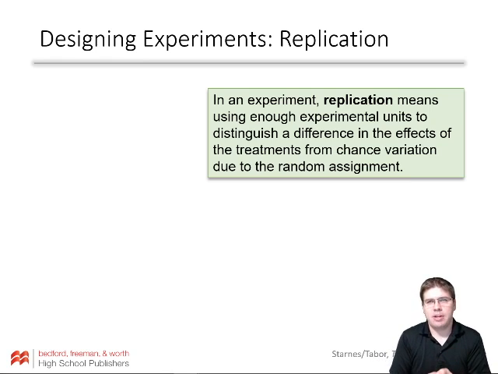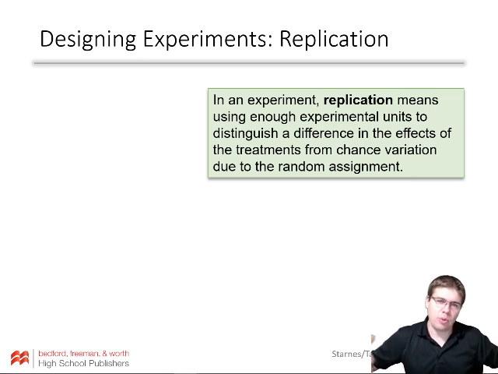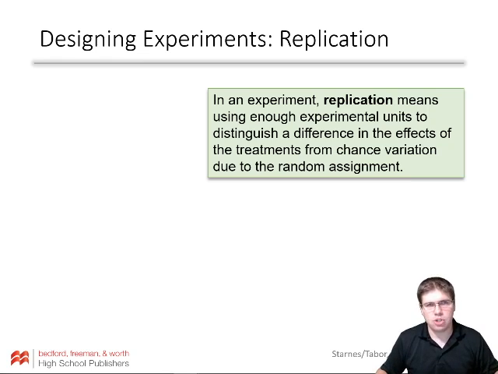So if I just randomly assign a small number of people, it's going to be more wildly variable, where some people who are going to just do well no matter what treatment they got end up in one treatment over another, and that can throw off the results. But long term, if we do it enough, it averages out, and so we should get better representative groups in those different treatments.